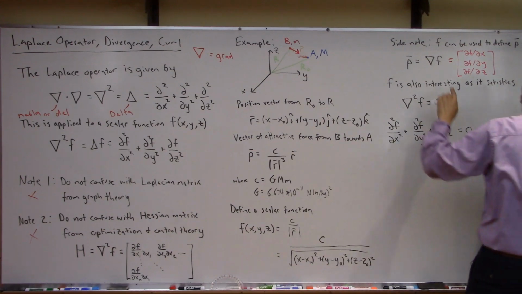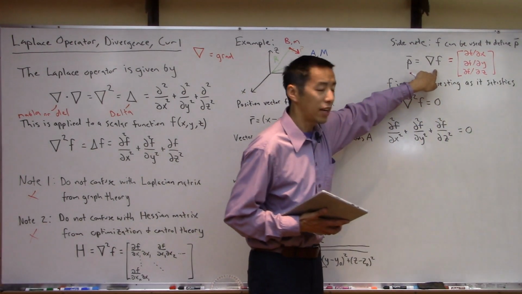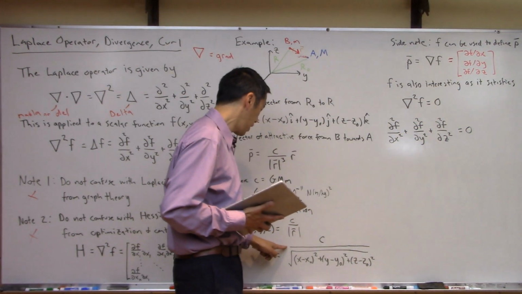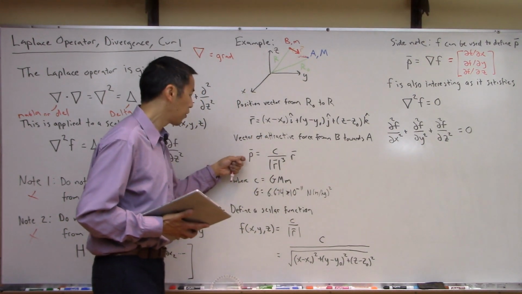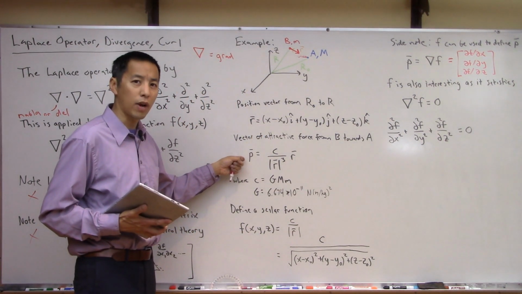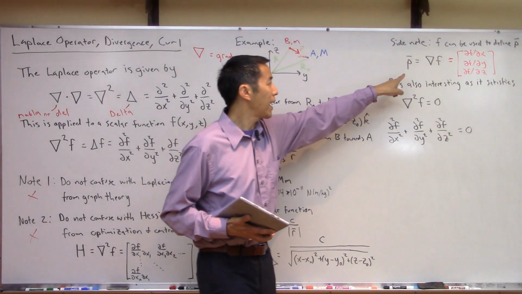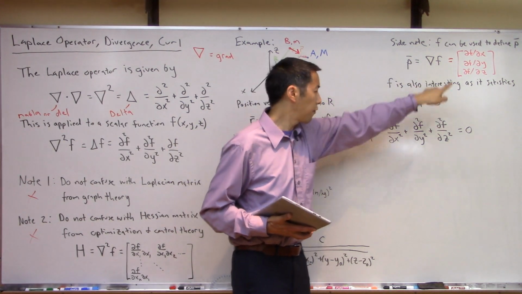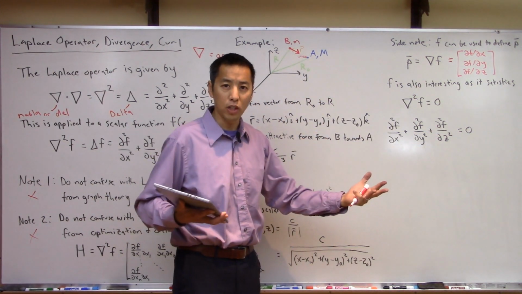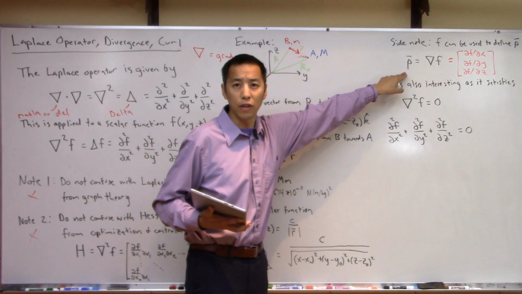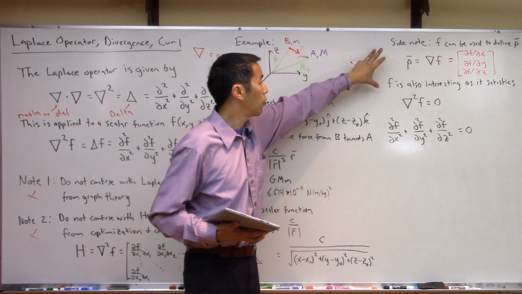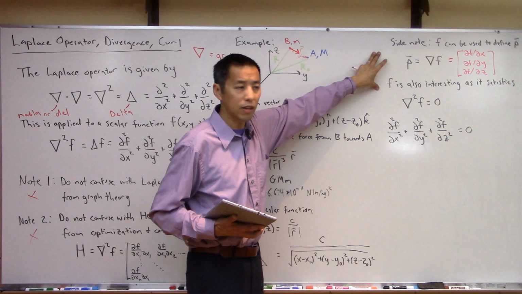If you take the gradient of this weirdo function f, you recover this vector field, which is the attractive force. So we see that lowercase f is actually a potential function which defines this vector field. That's the side note I wanted to make. That takes us back to our gradient discussion.